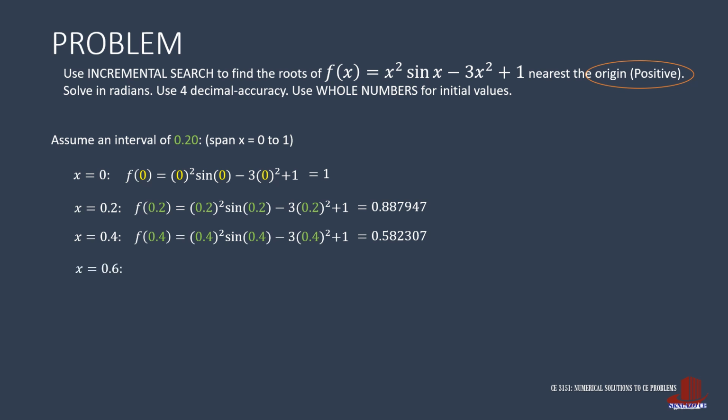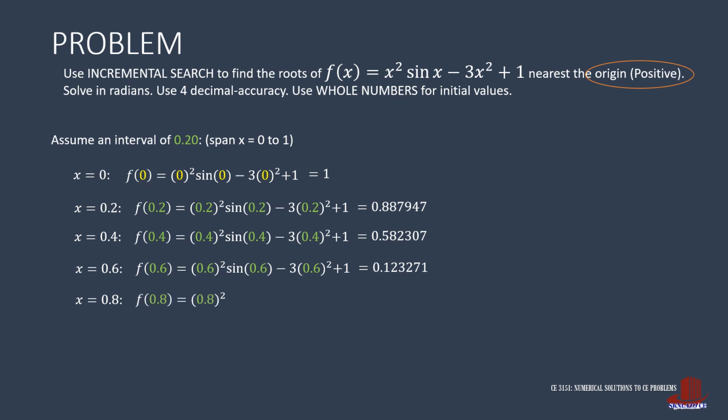We continue the iteration with 0.6, making the function 0.6 squared sine of 0.6 minus 3 of 0.6 squared plus 1, which results to 0.123271. Let's try the last increment of 0.8 before reaching the upper limit 1.